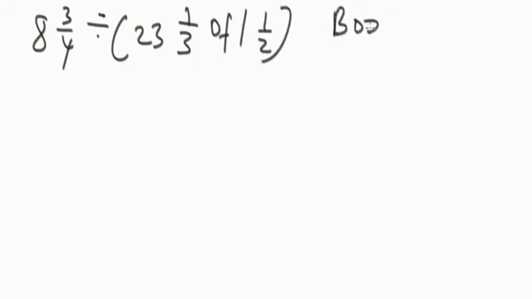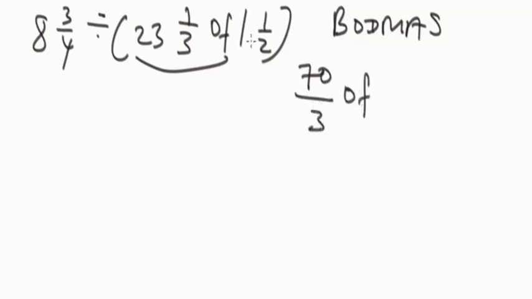We're going to apply BODMAS. So our B concept, which is bracket, let's simplify what we have here. 23 times 3 is going to give us 69 plus 1, that's 70 over 3. Of 2 times 1 is 2 plus 1, that's 3 over 2.